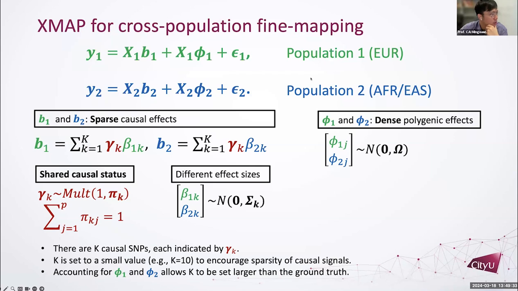And actually, when we combine data sets from different populations, we can combine more than 2. So here I use 2 populations as an example. But if, for example, sometimes you have samples from many populations, European, African, East Asian, South Asian, our software is adaptable to any number of populations.